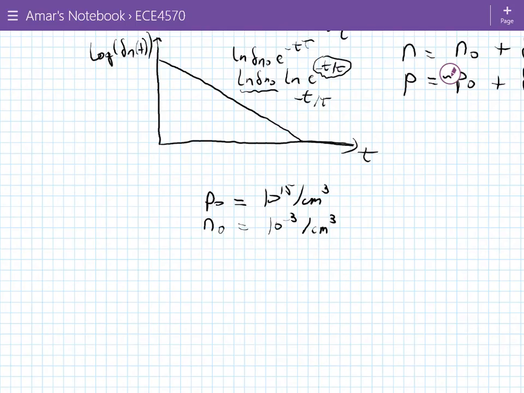Sorry, it's 10^-3. There we go, 10^-3 per centimeter cubed.